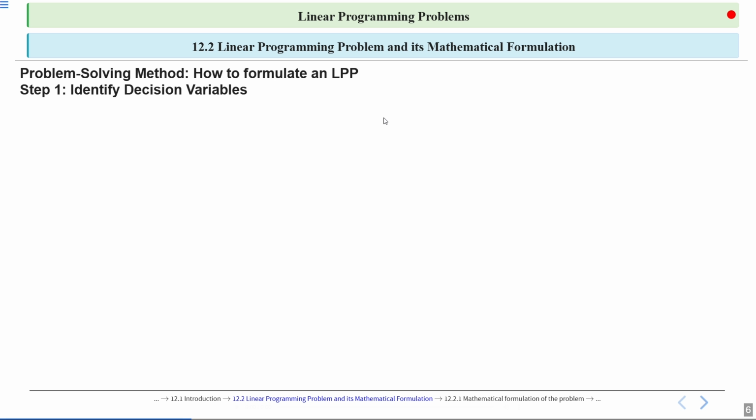So let's see step 1. Step 1 is to identify decision variables. Okay, so by step 1 we can identify our decision variables in an LPP. When solving a problem, start by reading it carefully to understand what's being asked.